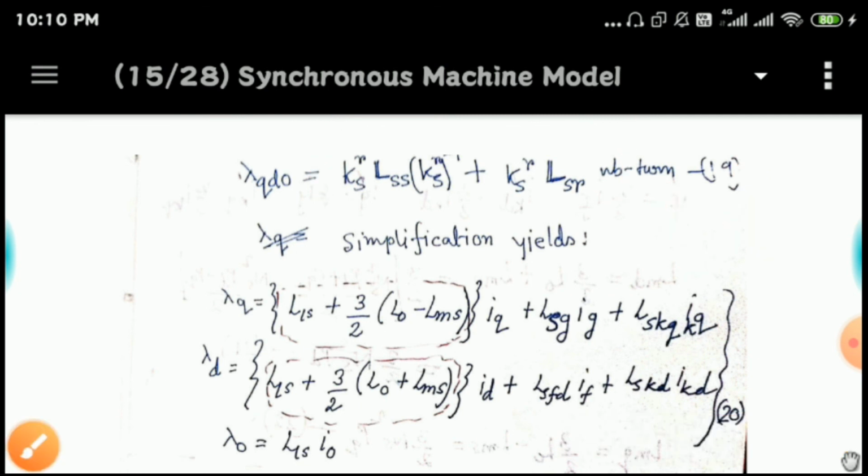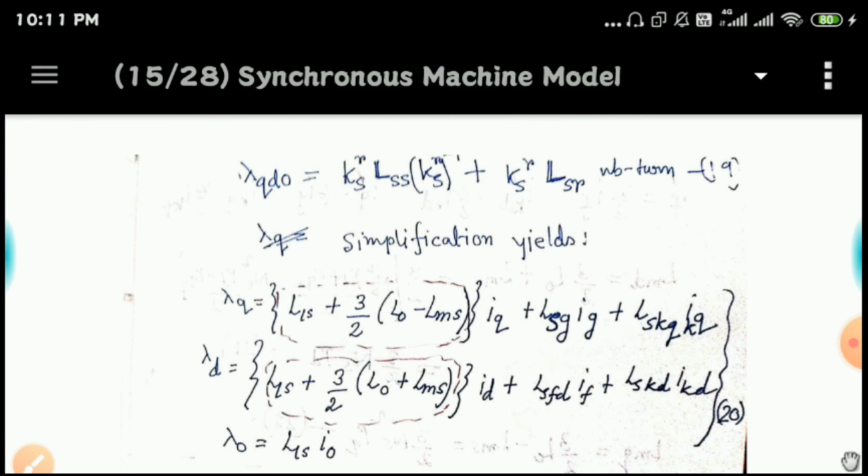Now, if we do simplification, lambda q is the first element of our lambda qd0 vector. We'll get that this depends on L_LS plus 3/2 (L0 minus L_MS).